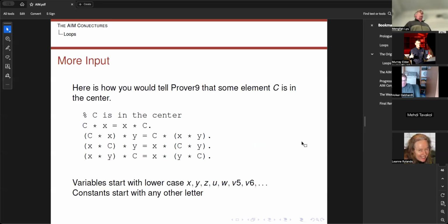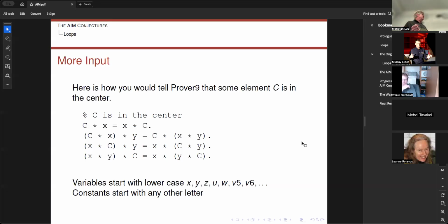So here's another example of some more input. Let's say that you were working with some special element and you wanted to specify axiomatically to Prover9 that it's in the center. Well, you would literally just type what I said. Okay, here it is. So c is the special element. All automated theorem provers have some convention about what are variables and what are constants.